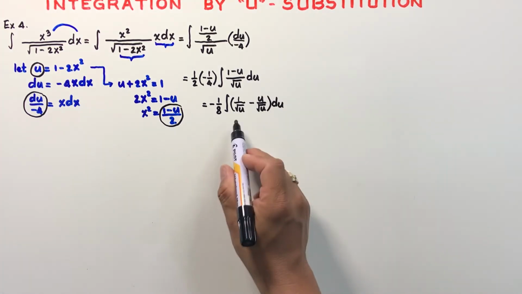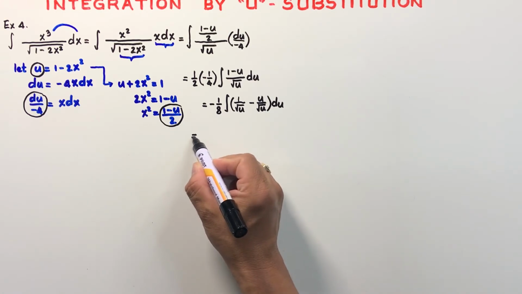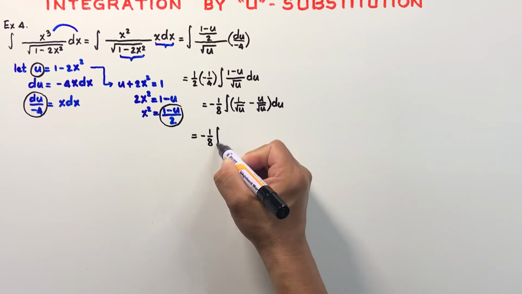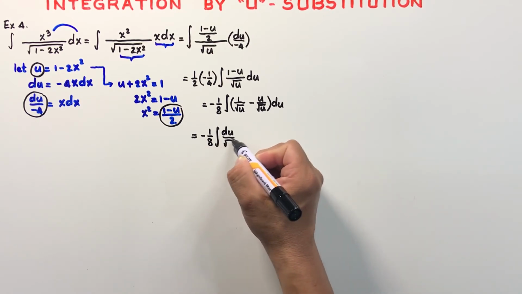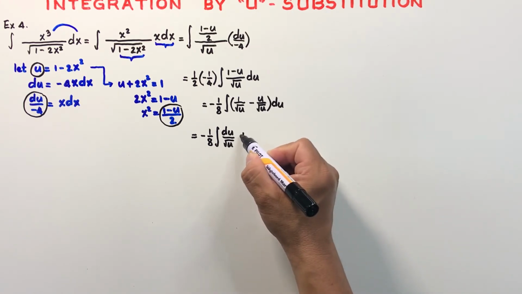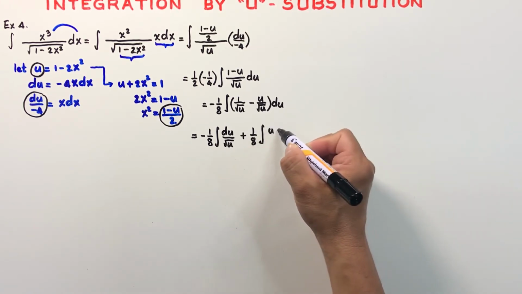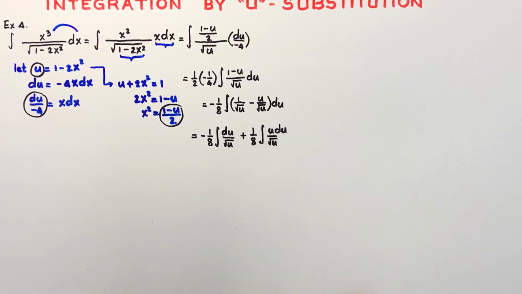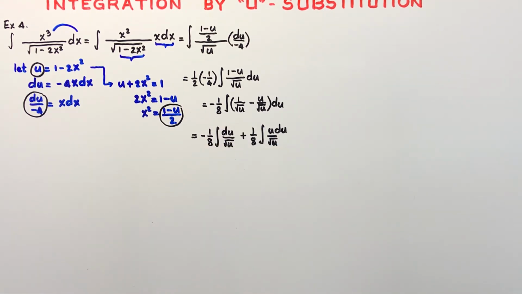And applying the integration of a difference, we have negative 1/8 of the integral of du over the square root of u plus 1/8 of the integral of u du over the square root of u, because the negative of the negative is positive.